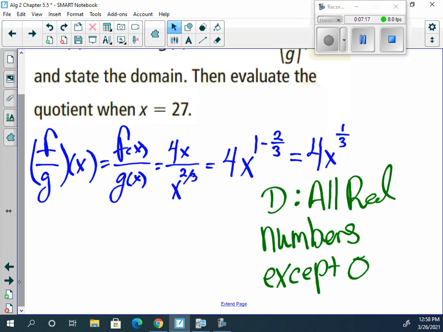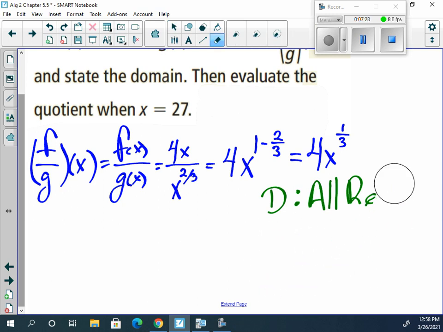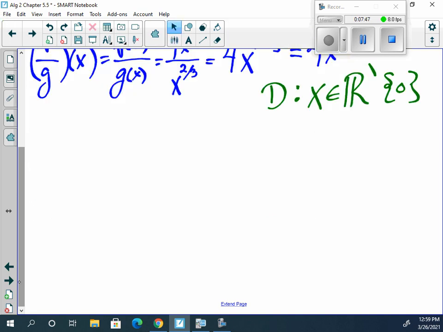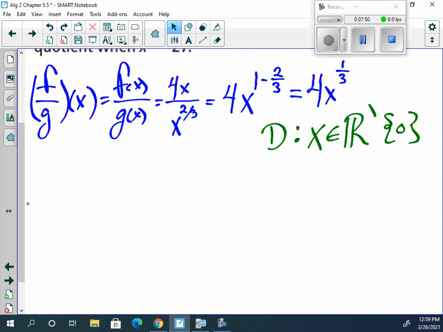So here the domain is all real numbers except for 0, because 0 would make the denominator be 0. Well, another way that we could write this is that x is an element of the real numbers excluding 0, the set containing 0. That's another way to write it. Any questions on this here? Any question of anything we've done so far?